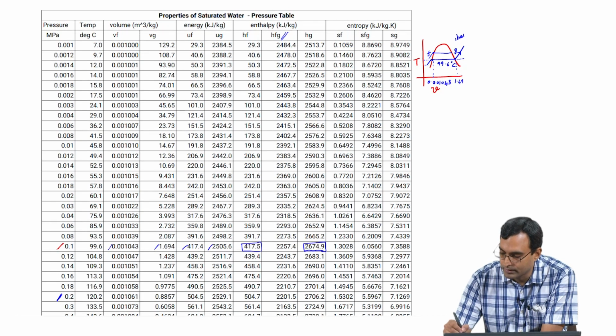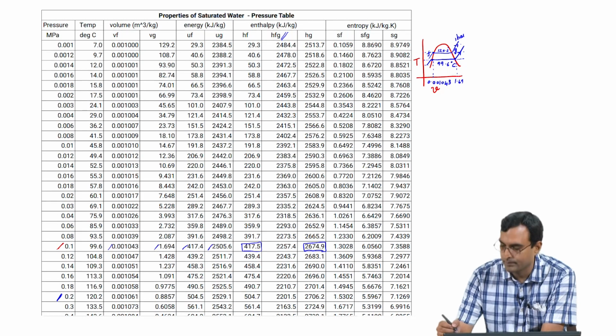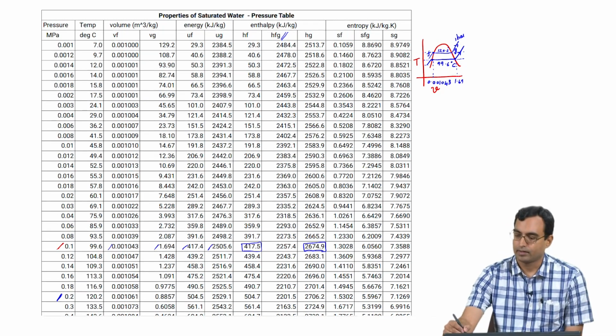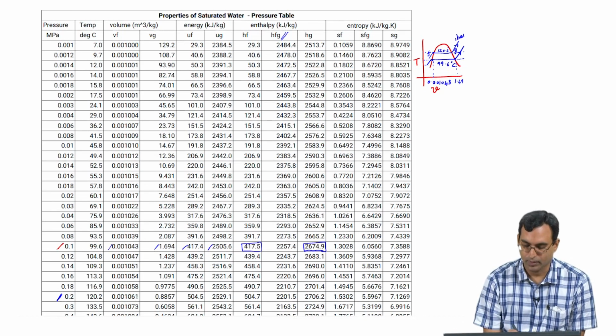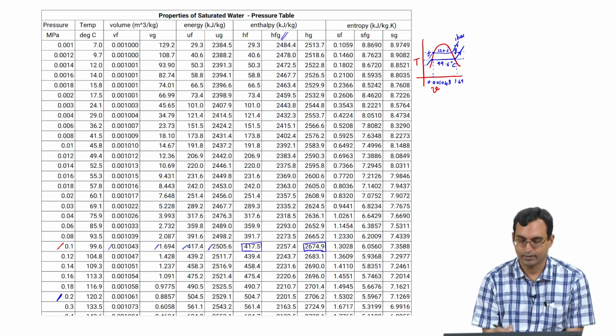So, the temperature on this line is 120.2 degrees centigrade. So, corresponding to this point over here, the volume is 0.001061 meter cube per kg.